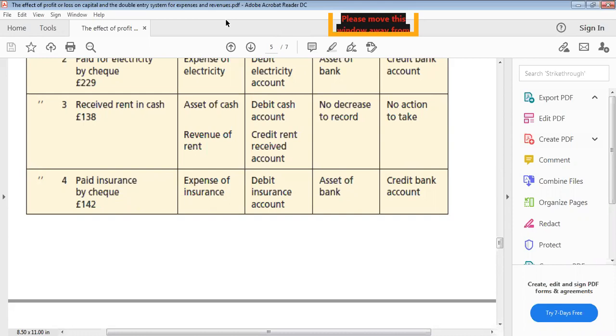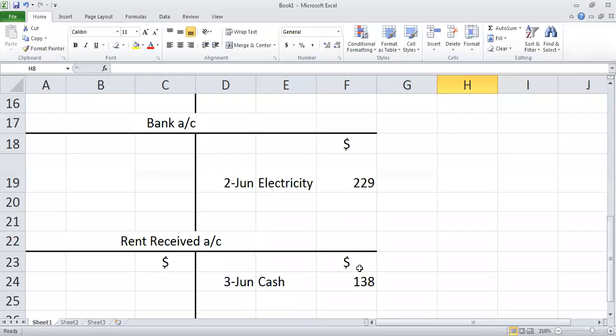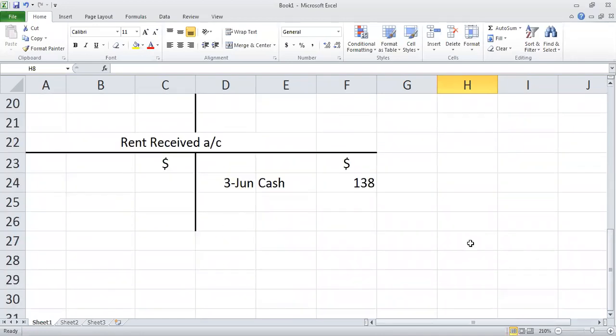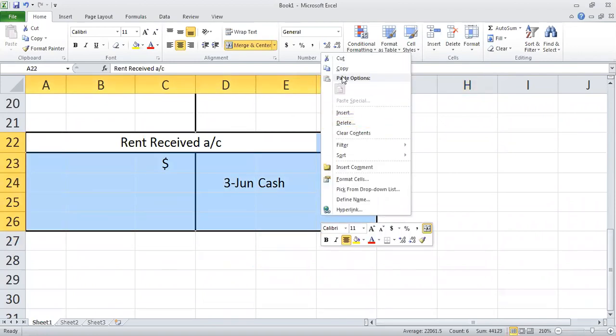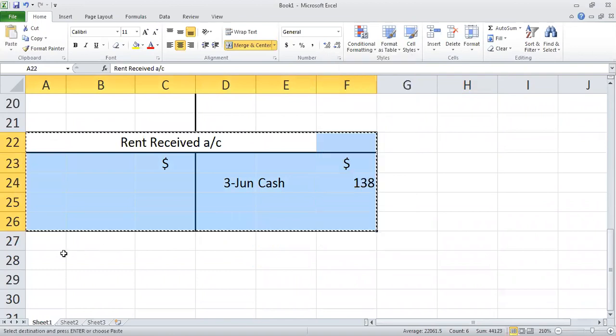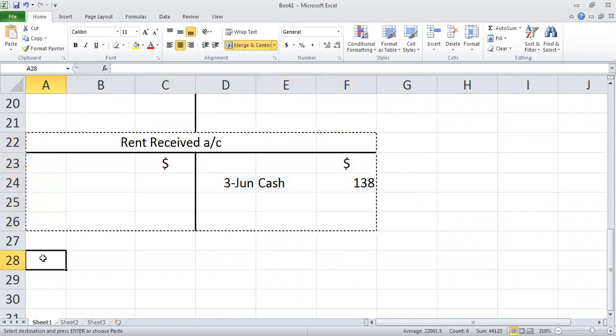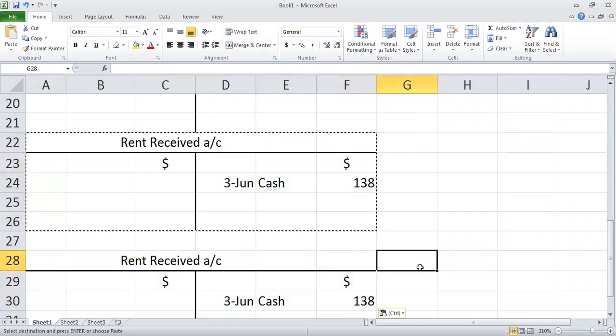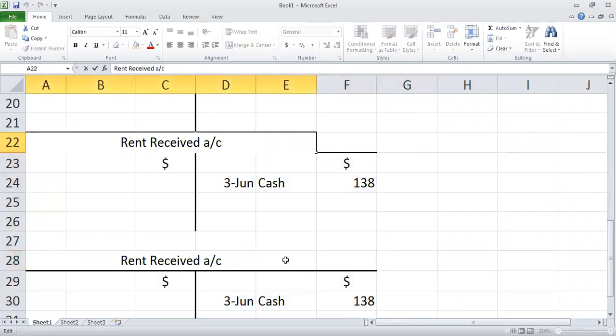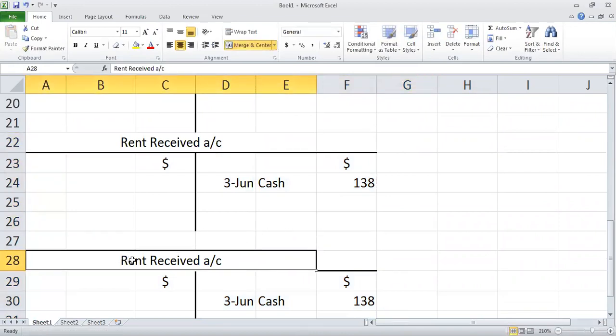You got it? Just do it now, together. You already have a bank account, right? So the only thing you need to do now is create an insurance account. All right, so you create an insurance account now.